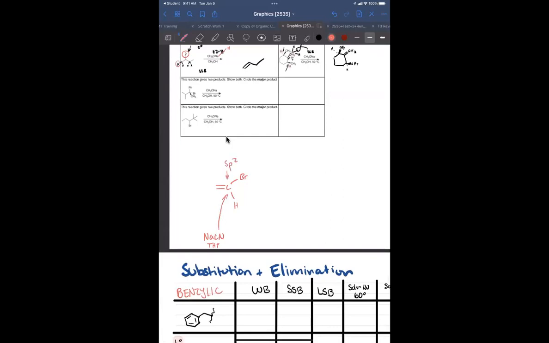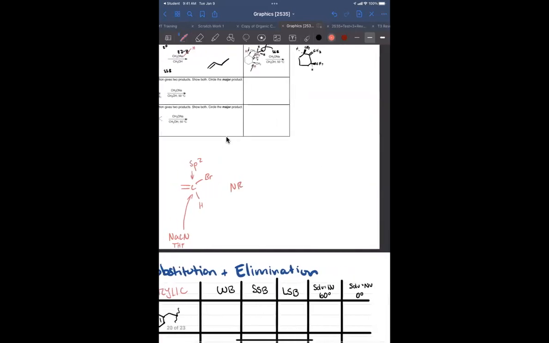So the moment you see an sp2, it's a pretty good idea to just write no reaction, because for elimination and substitution, it's not going to really react with sp2. Same thing with elimination. Let's do something like this. Br. All right.